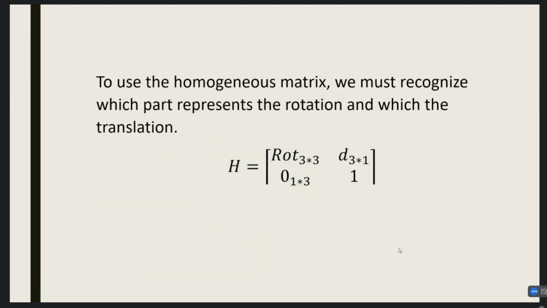The rotation matrix is 3 multiplied by 3 and the translation matrix is 3 multiplied by 1. To complete the matrix, we put the 0, 0, 0, which is a matrix of 1 multiplied by 3. And in the final space, we put a 1.